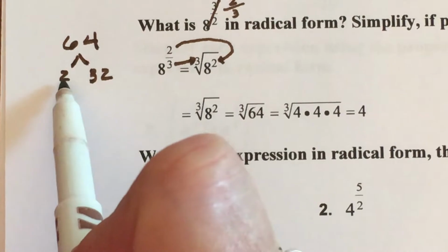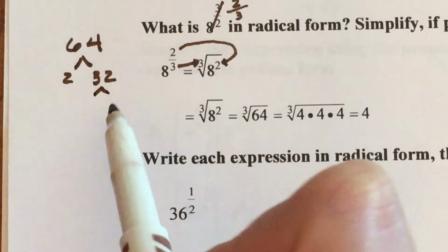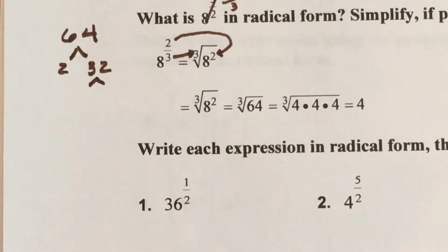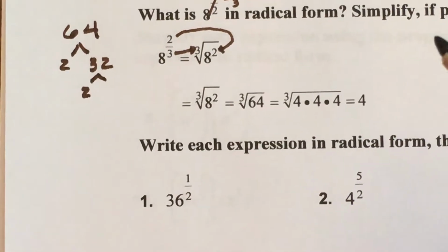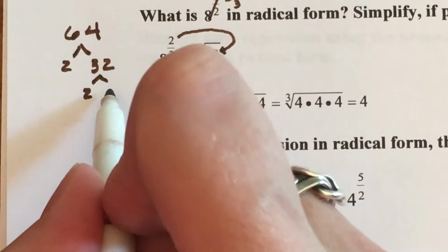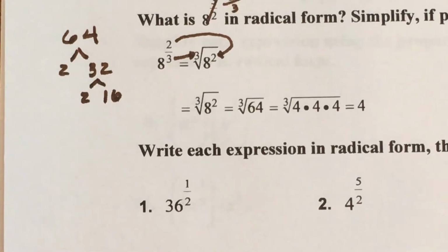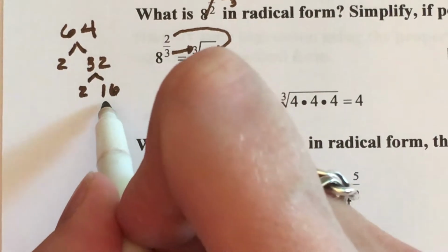All right, is 2 prime? Yes. Leave it alone. Is 32 prime? Not even close. What is the smallest thing that will divide into 32? 2. So 32 divided by 2 is 16. Yep. So 2 is still prime. Is 16 prime? No, it's a composite.